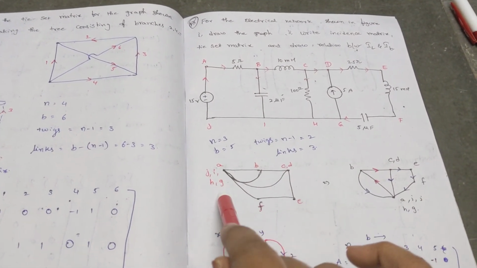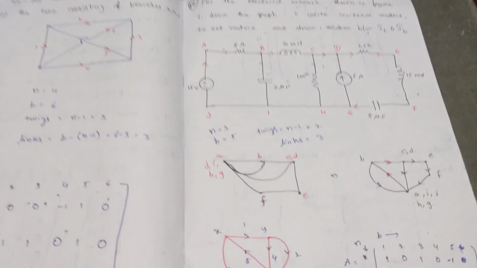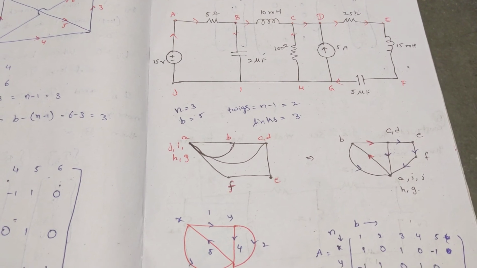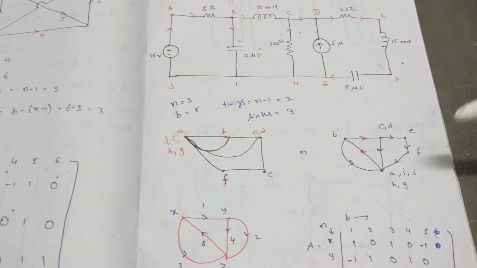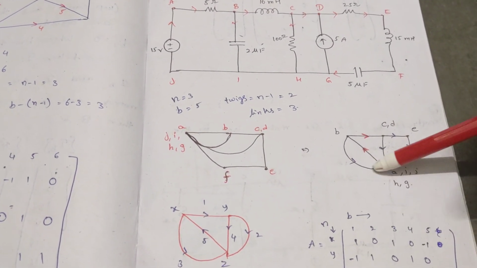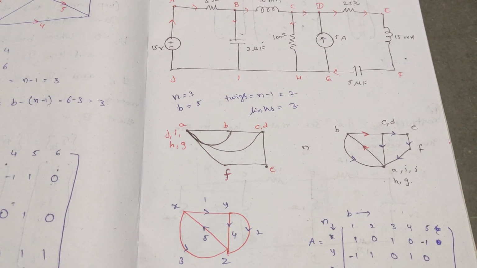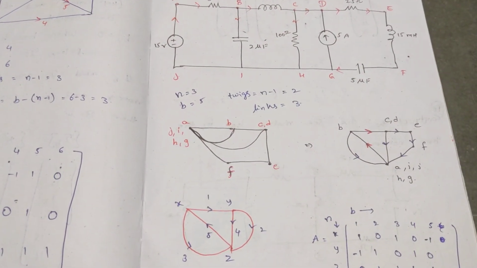Otherwise there is no issue if you take the same thing, but to have the nice presentation of a simple understanding, I just redrawn this graph in such a way which is having the common node on the bottom side. The same way I'm just placing, and I'm assuming the directions.